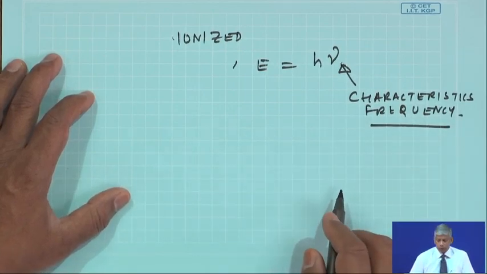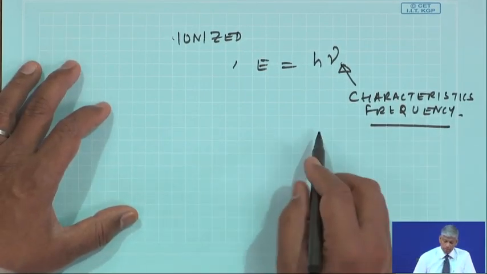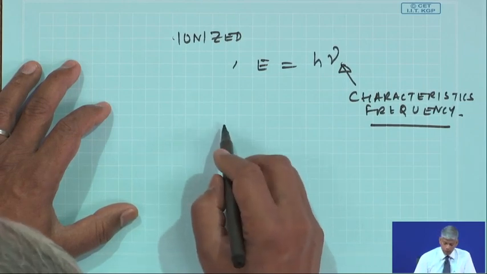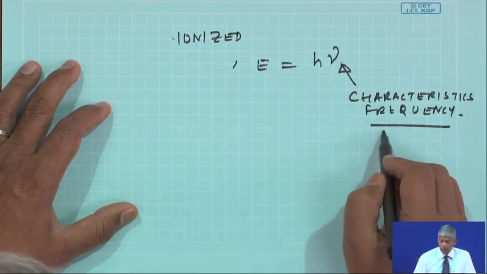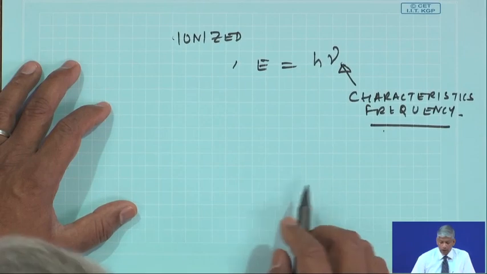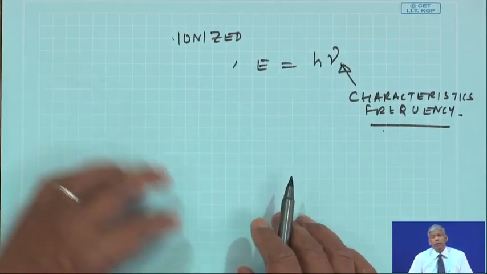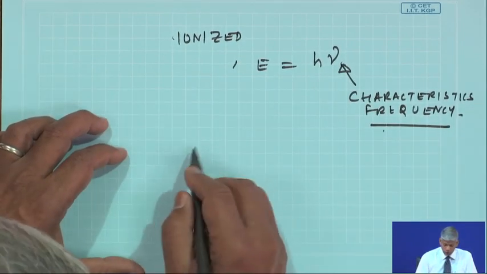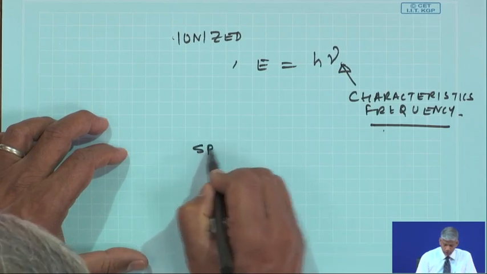So, if we have a spectrophotometer which can measure the energy of this electromagnetic radiation at that characteristic frequency, I can know what kind of chemical element is there. So, such devices are known as spectrophotometers.